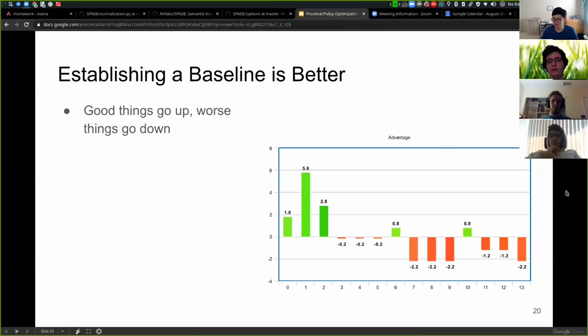So you have a sense of whether the action you've taken is actually better than the actions you usually take, or worse. It allows you to take the gradient in a direction that makes sense. If the reward is less than you would usually get, the value will be negative, and so you will step in a negative direction. And if it's positive, you step in the positive direction.